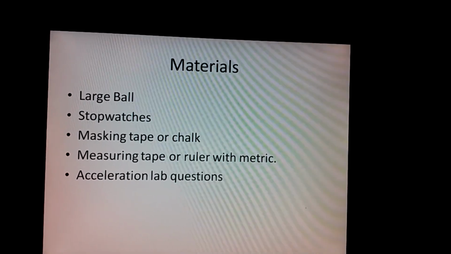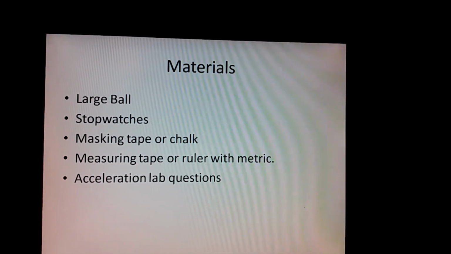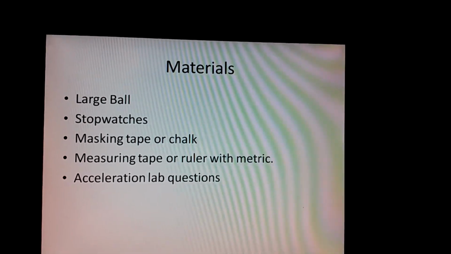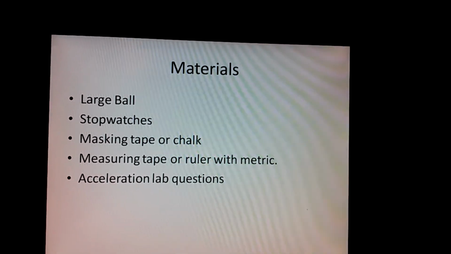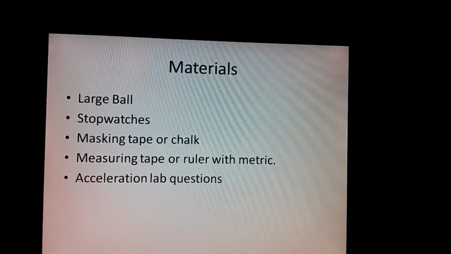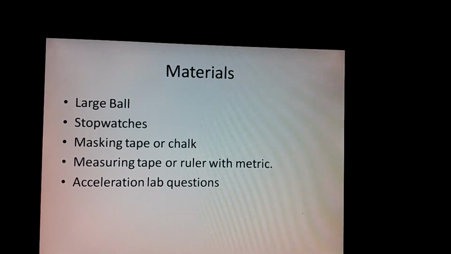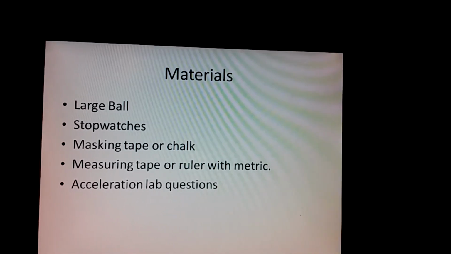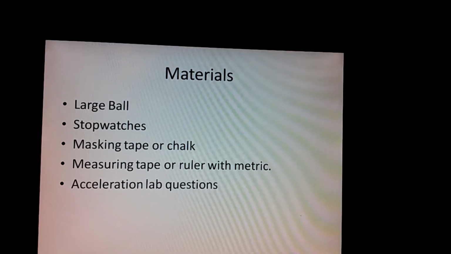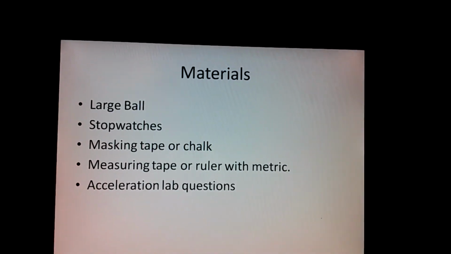But depending on where you're at and what you're doing, you might need to use the masking tape. Measuring tape or a ruler with metric, or measure it in feet and inches and convert it to metric. And the Acceleration Lab questions.